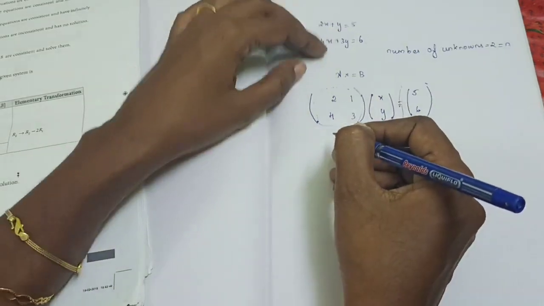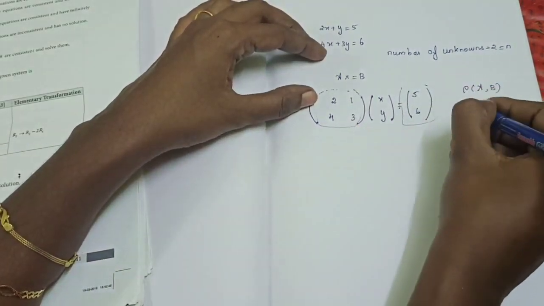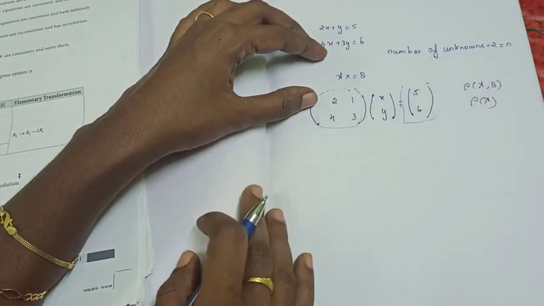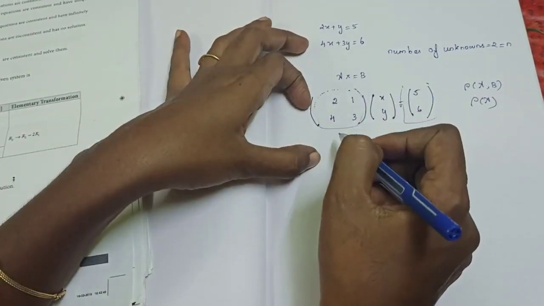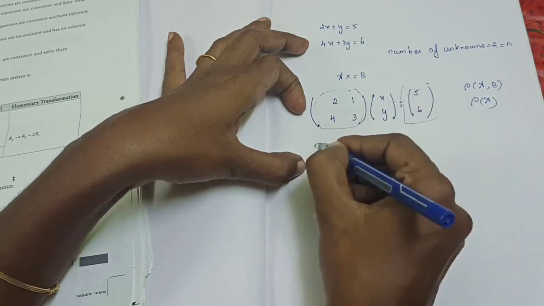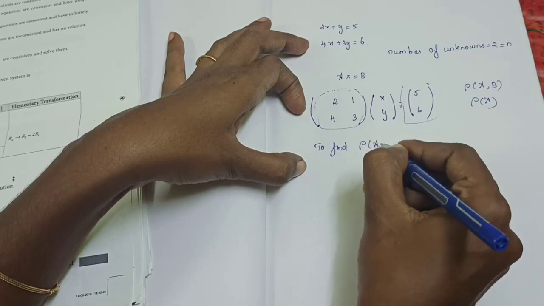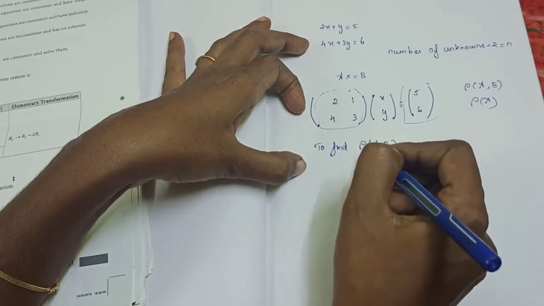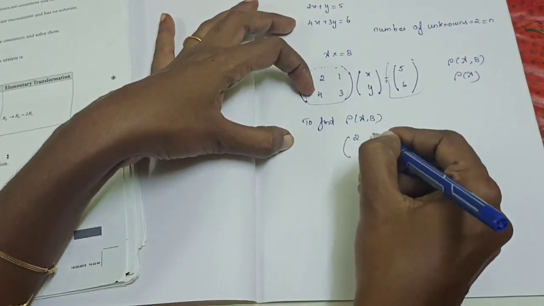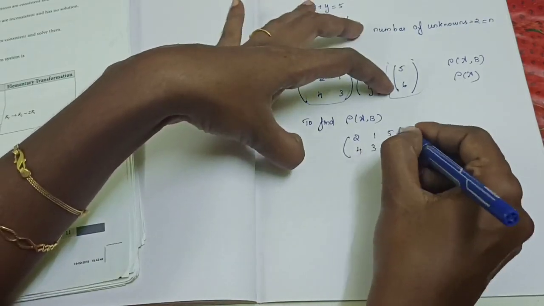When we are finding, we need to find the rank of A comma B as well as the rank of A. How will we find the rank of AB? You combine the matrices: 2, 1, 4, 3 is A, and B is 5 and 6.